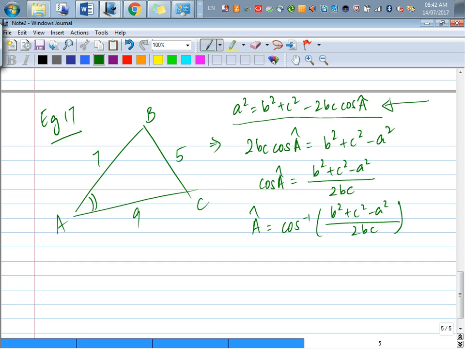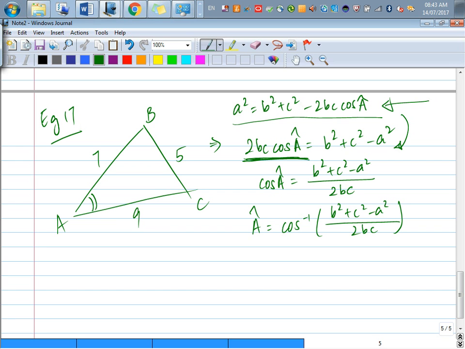Our goal is to make A the subject. So making A the subject is making angle A the subject. So I want to have 2BC cosine A. We bring this to the left hand side, meaning we add 2BC cosine A on both sides. Then I subtract A squared on both sides.